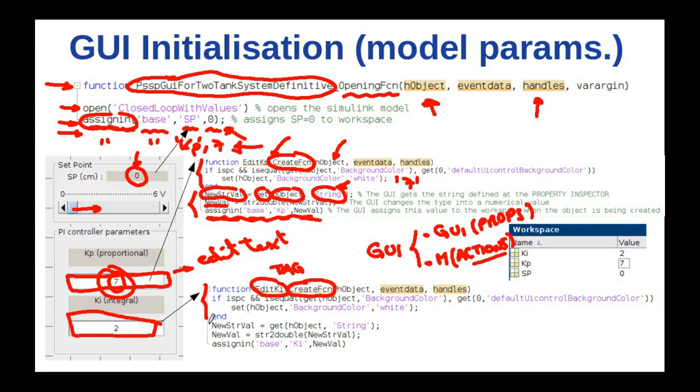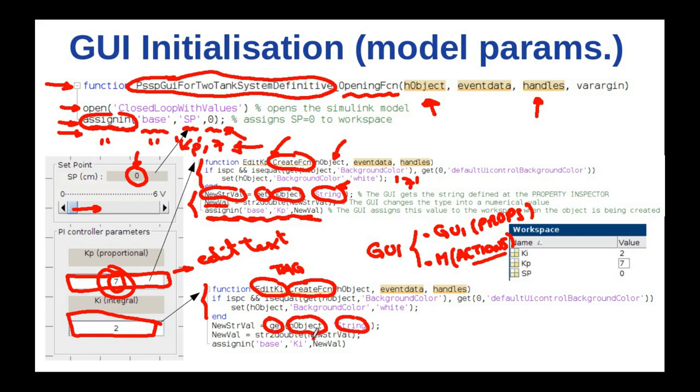So then we have here the same as before, that is to get for this object, now it will not be the edit kp, it will be the edit ki, and I get for this object the string value. This string value is defined in the property inspector by simply double clicking this and putting on the string field a 2. Then this new value only changes the string to a double number, to a decimal number.